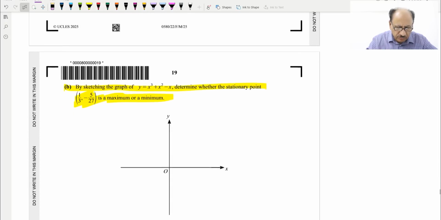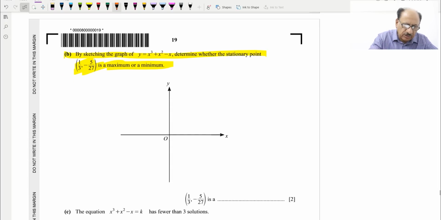We will be using these two values. We can indicate minus 1 over here, and the other point is 1/3, and the y value which we are having is minus 5/27.